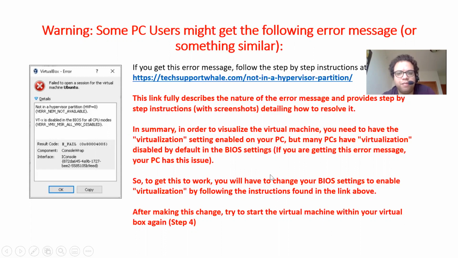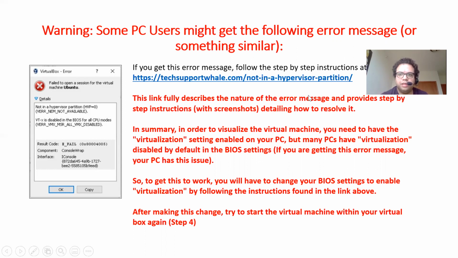It takes less than 5 minutes. It's a little scary because you're altering the BIOS settings on your computer, but it's very easy to do and very, very, very quick to check that it's worked. And so again, you need this virtualization setting enabled to view a virtual machine and use VirtualBox. And so this link lets you do that.